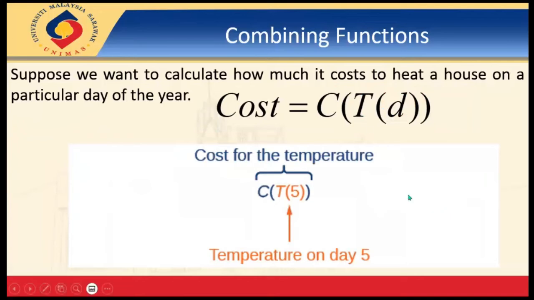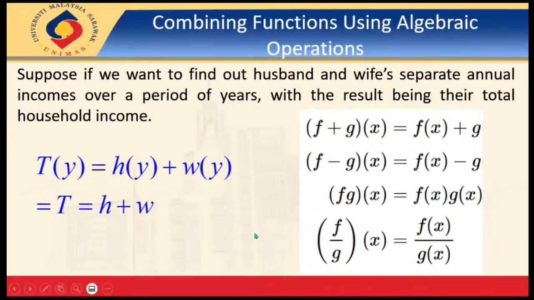Let's see. If we want to find out the husband and wife's separate annual income over a period of years, you see there are two functions, husband and wife. Calculating the income of each one is a separate function, and after that we combine both together to find out the total income.